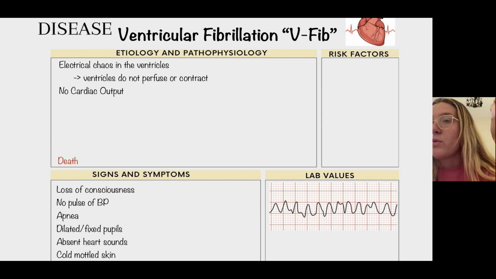Get ready to rock and roll again. So while this is a lethal rhythm, we can shock it, and by shocking it, hopefully we can return them to a normal rhythm. Unlike asystole, there's nothing that the AED can shock. The AED shocks on that waveform. There's no waveform, it can't really shock or do anything.